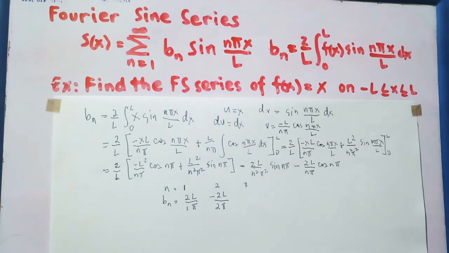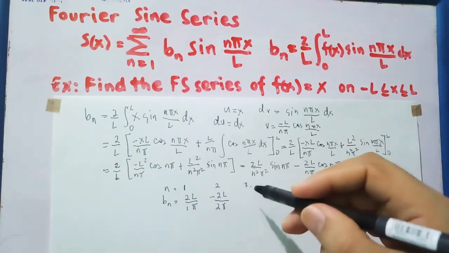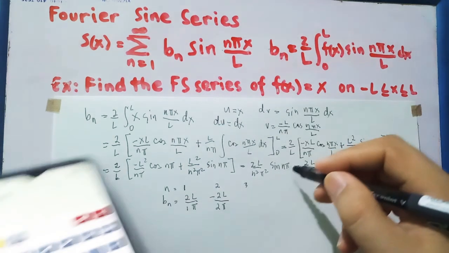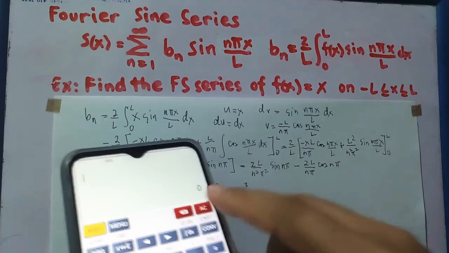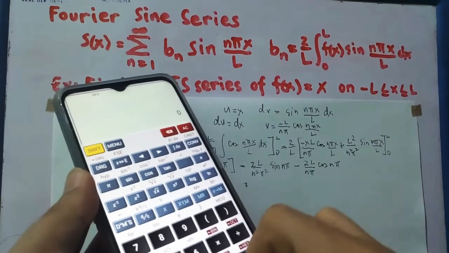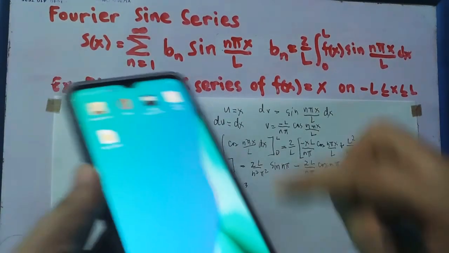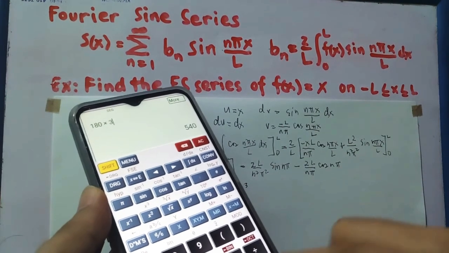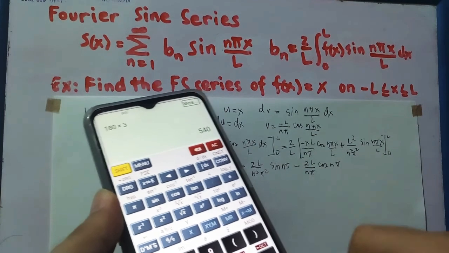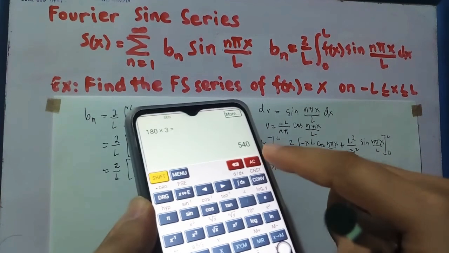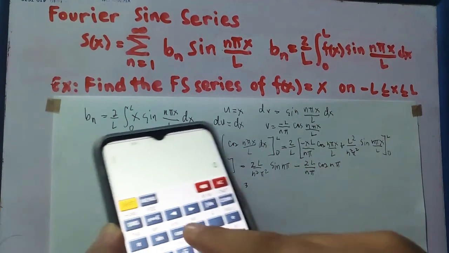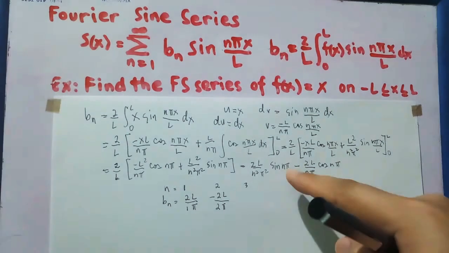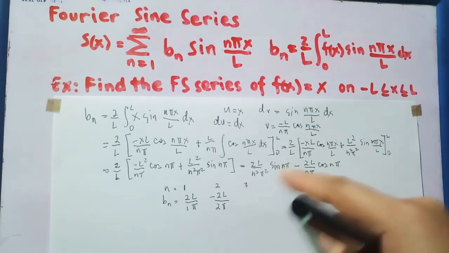Okay, when n is equal to 3, so sine of 3 pi, 3 times 180, that is equivalent to 540. So sine of 540 is 0. So this will always be equivalent to 0 for this case.